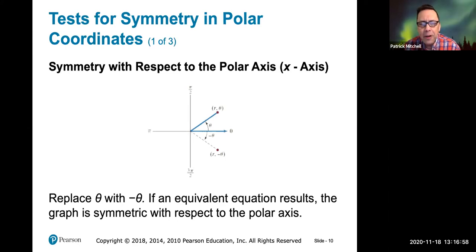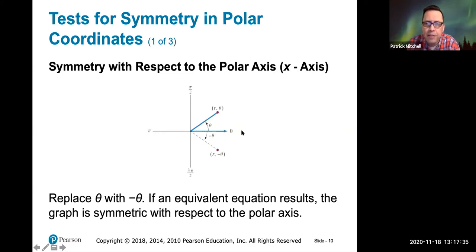In the meantime, let's talk about symmetry. So there are 3 types of symmetry in polar coordinates. There's symmetry with respect to the polar axis, aka the x-axis. So if you look at this picture and you imagine that the point r theta is on your graph, if that means that r comma negative theta, which would be the mirror image across the polar axis, if those 2 points always appear on the graph together, then that means you have symmetry with respect to the polar axis.